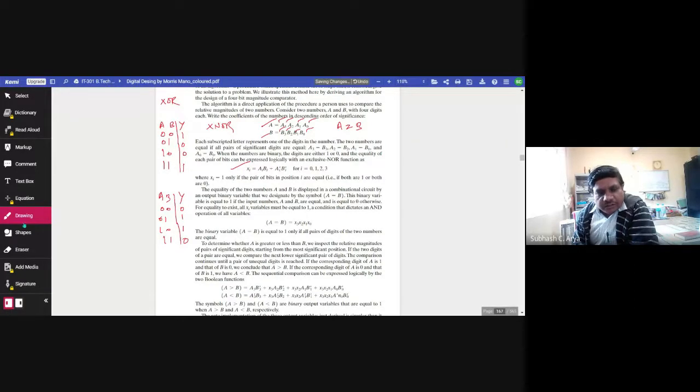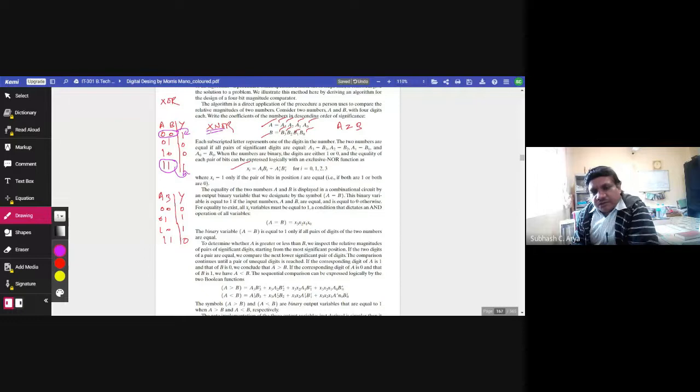What is the conclusion? If you observe it nicely, you will find that when A and B are 0 0 or 1 1, it gives logic 1. It means if A is equal to B, then Y is equal to 1. This checks the equality condition, which the exclusive NOR gate does.